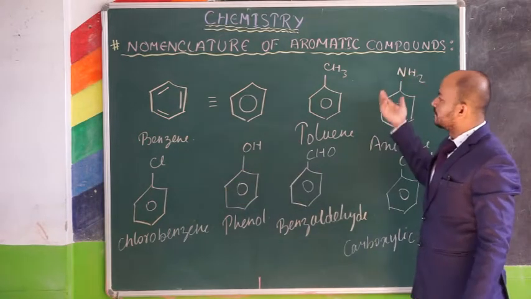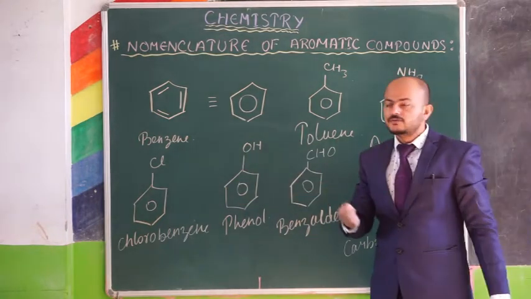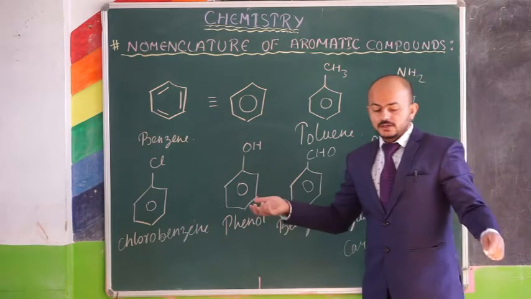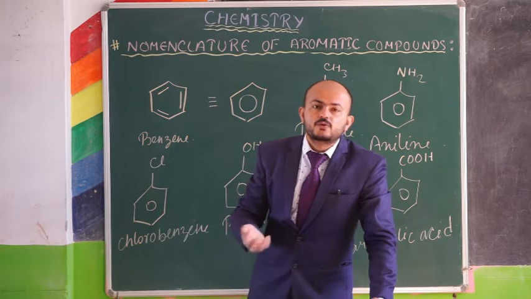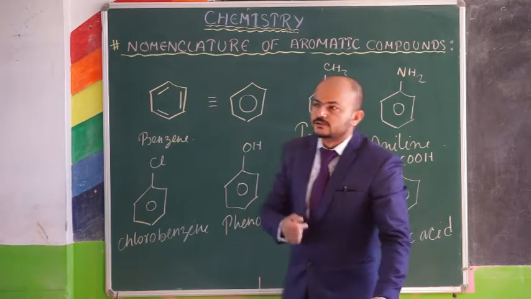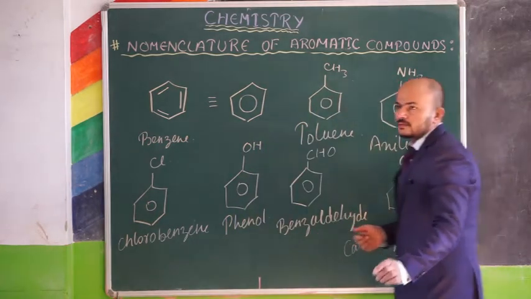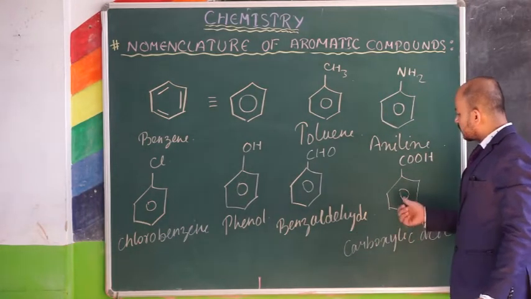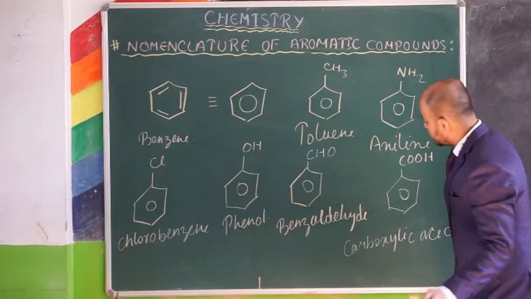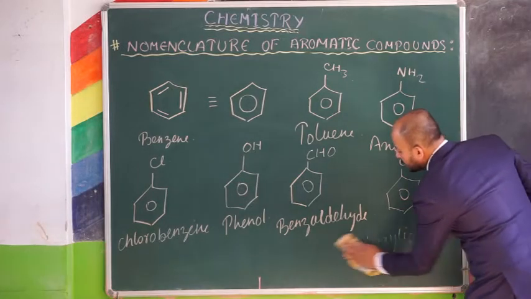These are a few aromatic compounds whose names you are bound to remember. In a question, if the structure is not given and they say carboxylic acid with benzene, you should be able to write benzoic acid. This is a carboxylic acid group along with a benzene ring, therefore its name is benzoic acid.